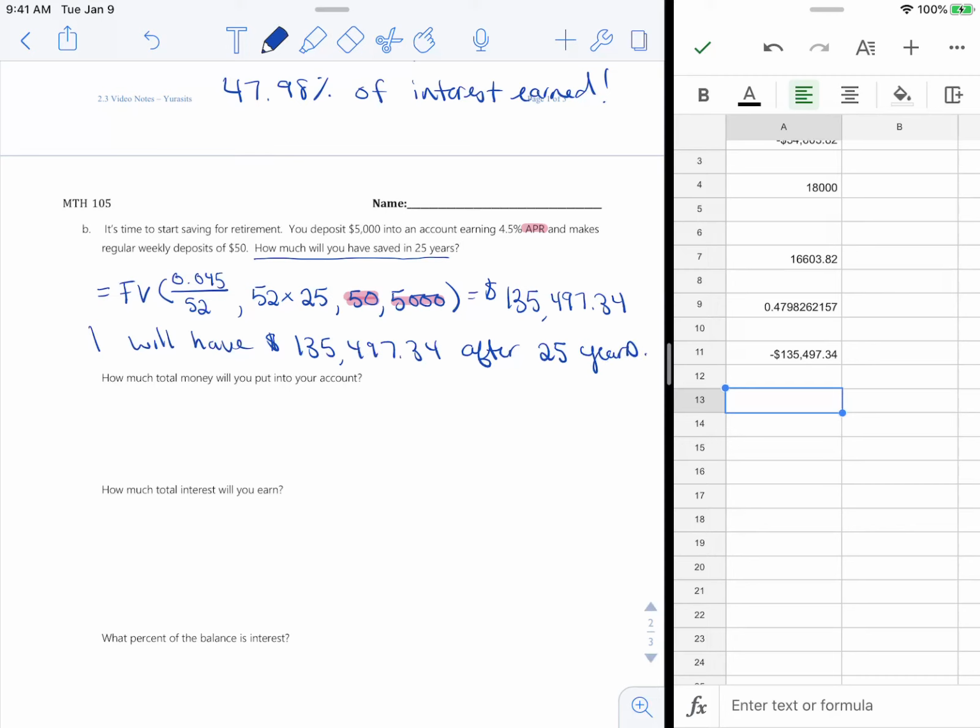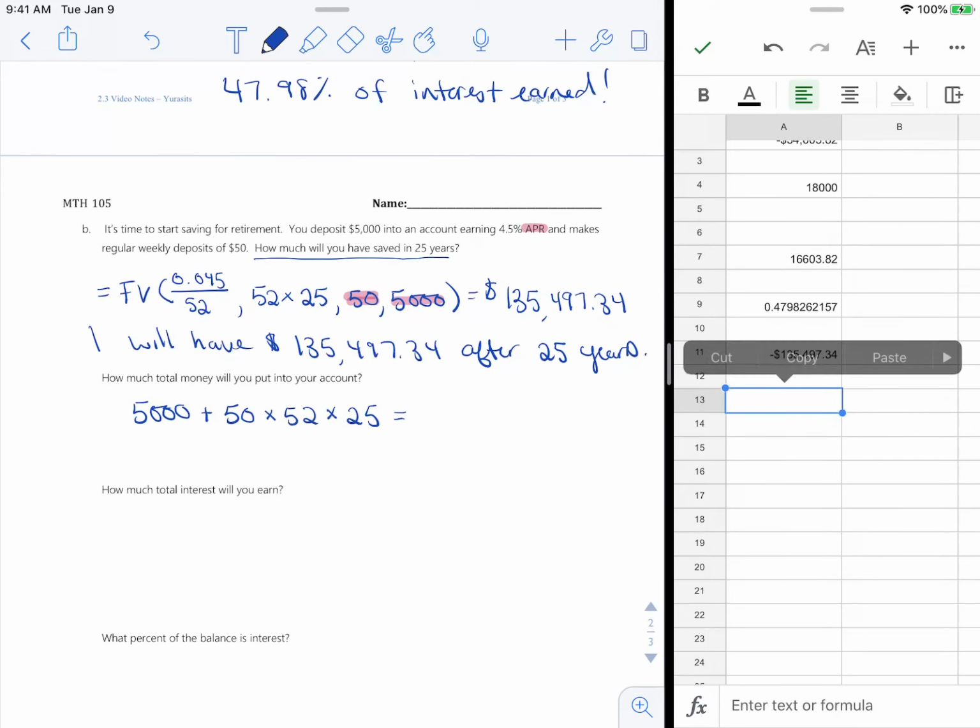All right. Now, let's see. How much total money will you put into your account? Remember, you put in the 5,000 one time, but then you put in 50 for every week for 25 years.